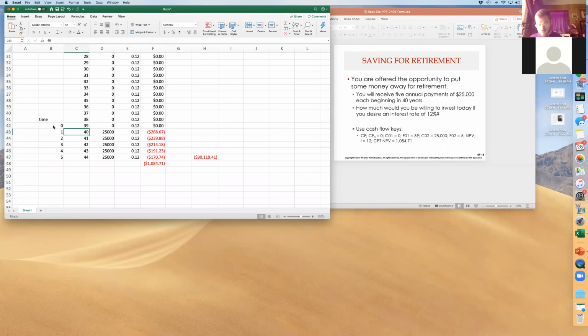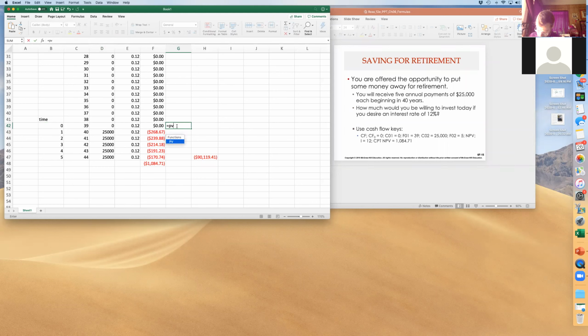And you can see here that when you take a present value of this $25,000 one period back, and you add to it the present value of this second $25,000 value 2 periods back, this third one 3 periods back, and then this fourth one 4 periods back to my new timeline here, and then this last one back all the way to our new time period 0, we end up with the value that's actually the present value in time period 39.